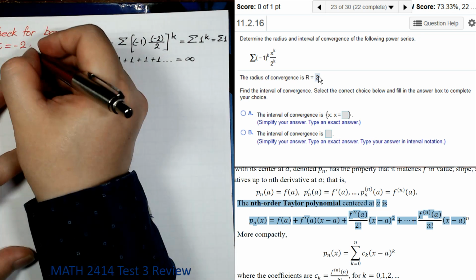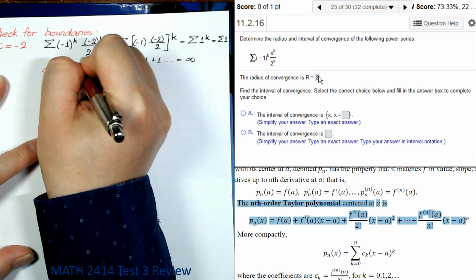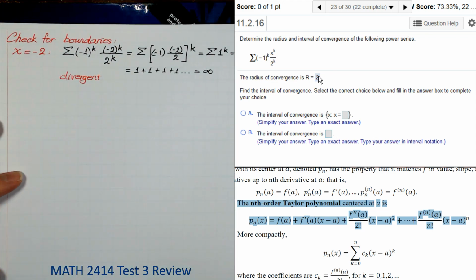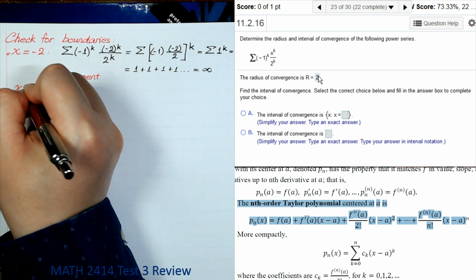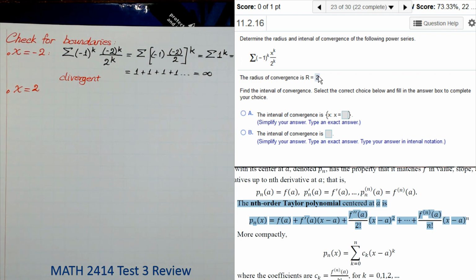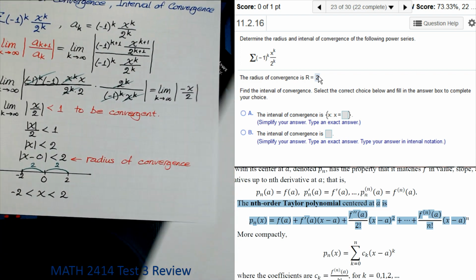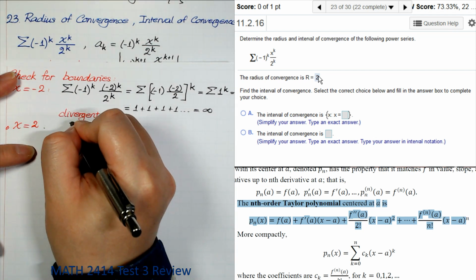So that's why this diverges. It is divergent. Now we'll test for when x equals positive 2. Right. So this is the series. Now we're going to put 2 in it.